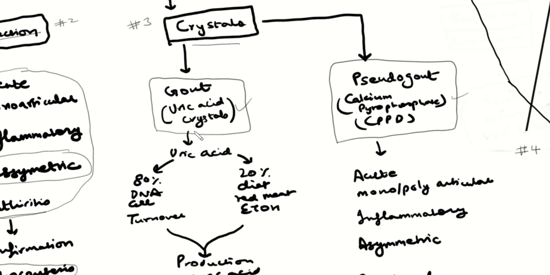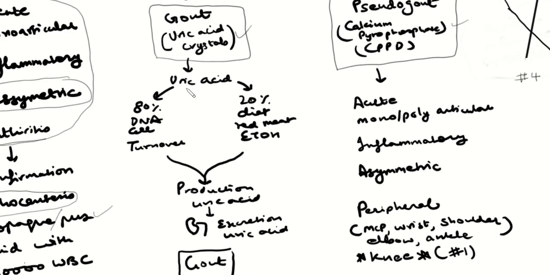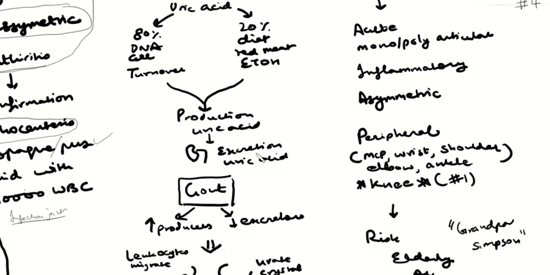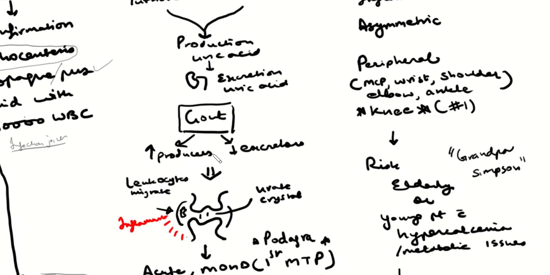When we talked about uric acid, remember in our anatomy and physiology we talked about 80% being because of the DNA cell turnover and 20% because of the diet, like red meat and alcohol, and that's uric acid produced, and then it's excreted, right? So that's what uric acid does. Whenever one is considering gout, one thinks of higher uric acid levels.